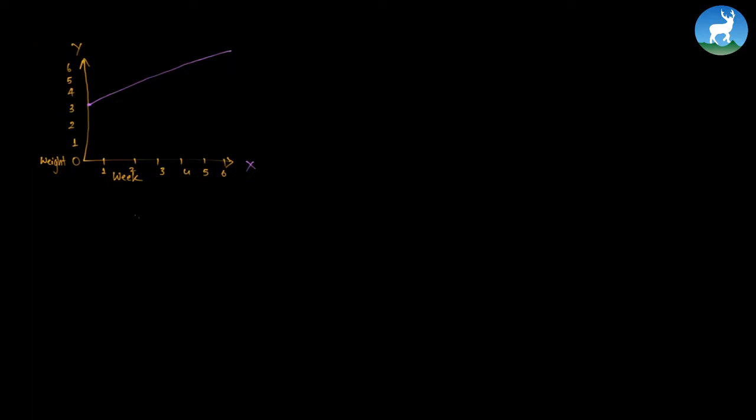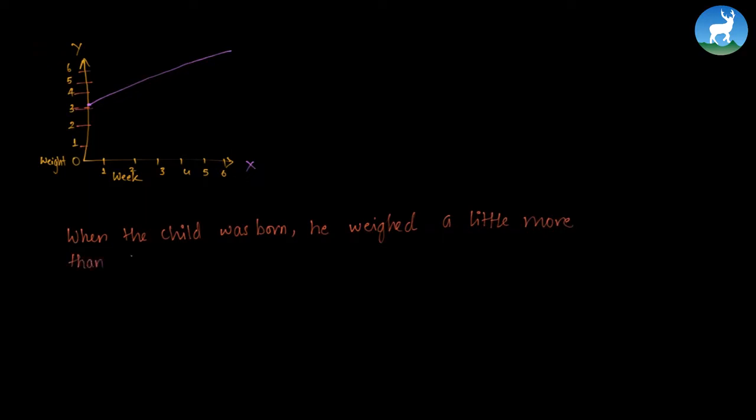So we can see that when the child was born, he weighed, so where is he? So it's a little more than 3, right? So the child weighed a little more than 3 kg. So mention that your weight is in kg.